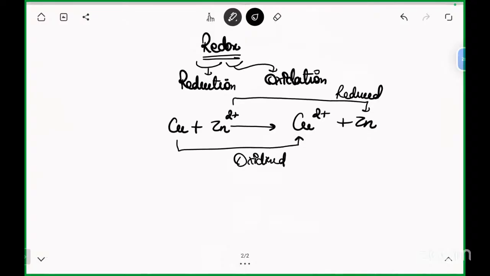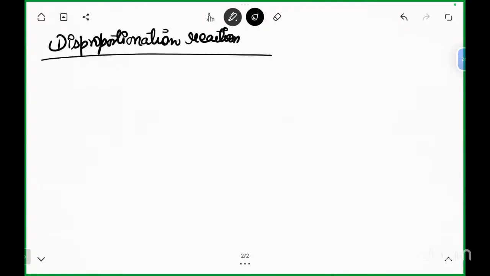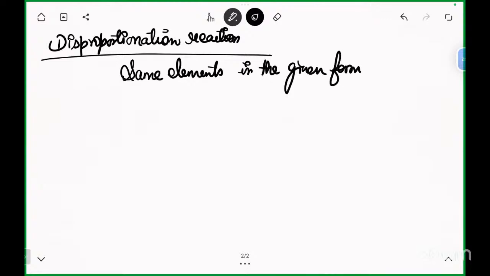Inside the redox reaction, one important topic is the disproportionation reaction. Disproportionation represents a reaction in which the same element in the given form undergoes both oxidation as well as reduction.